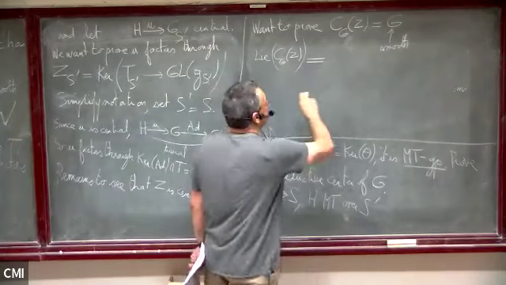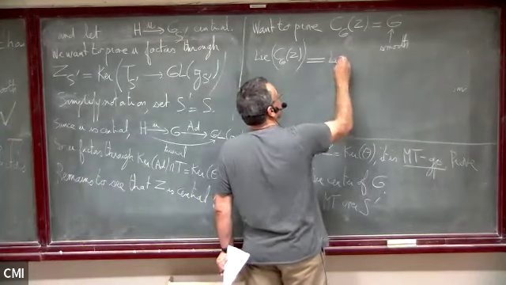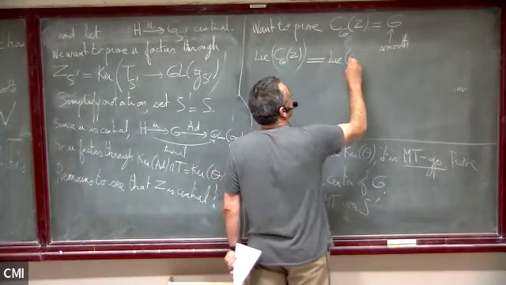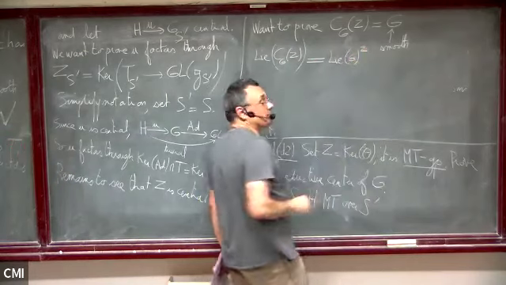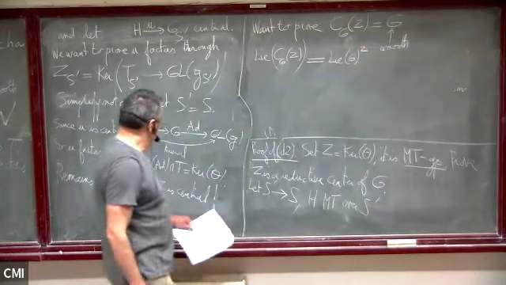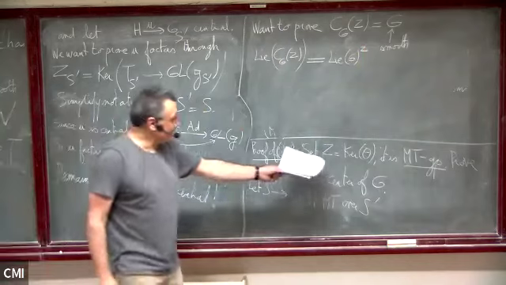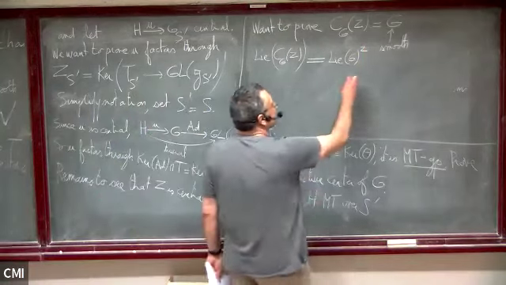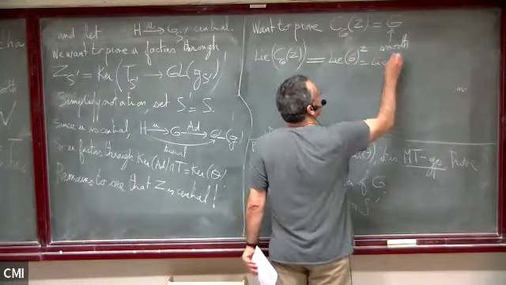It's one of the general facts that I think I've written before: the Lie algebra of the centralizer is equal to the fixed points of Z in the Lie algebra of the big group. But since Z is the kernel of the adjoint action, this is the Lie algebra of G.